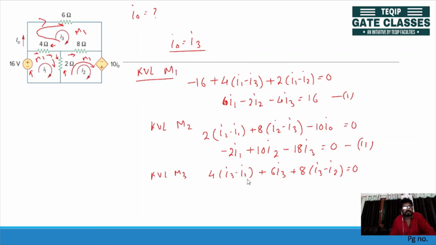Okay, simplify. Minus 4 I1 minus 8 I2 and plus 18 I3 is equal to 0. This is your equation number 3. Okay, so you have 3 equations, 3 variables. You can solve this.